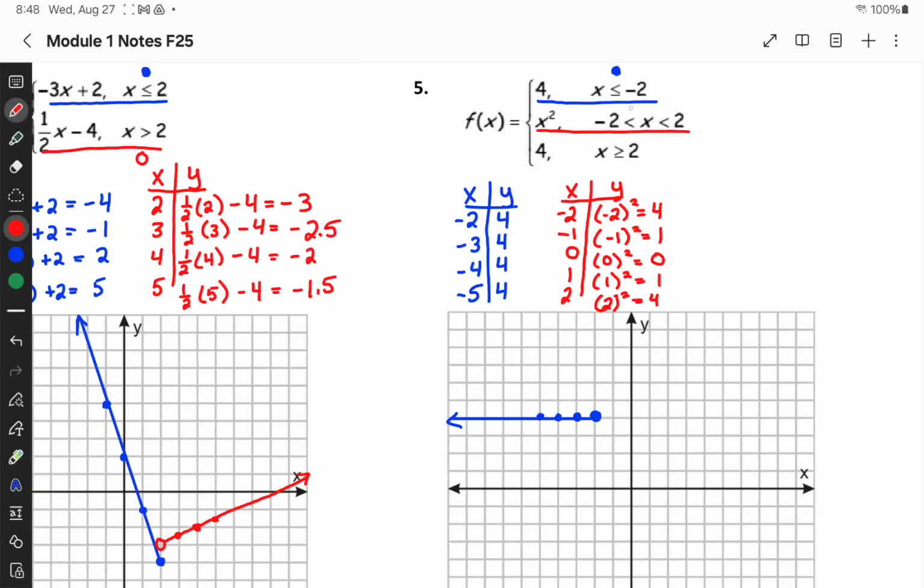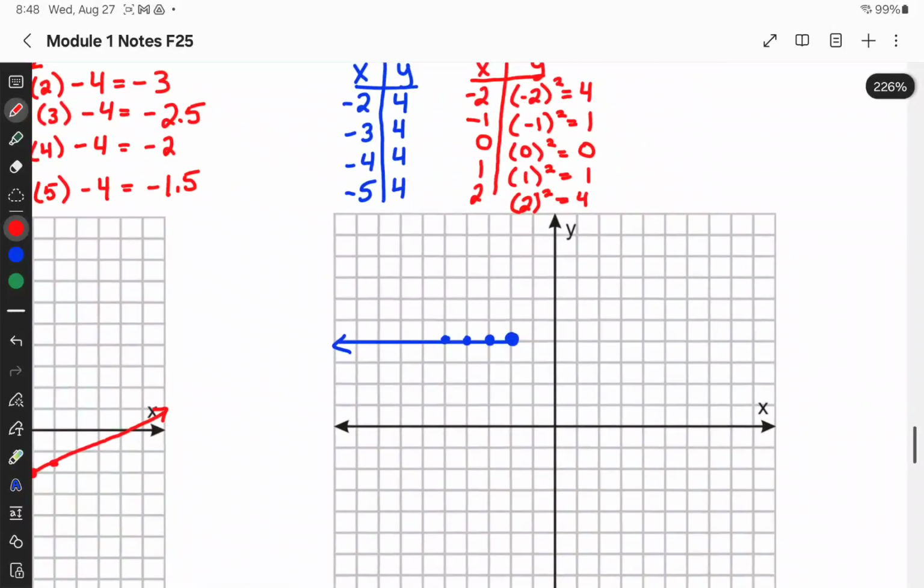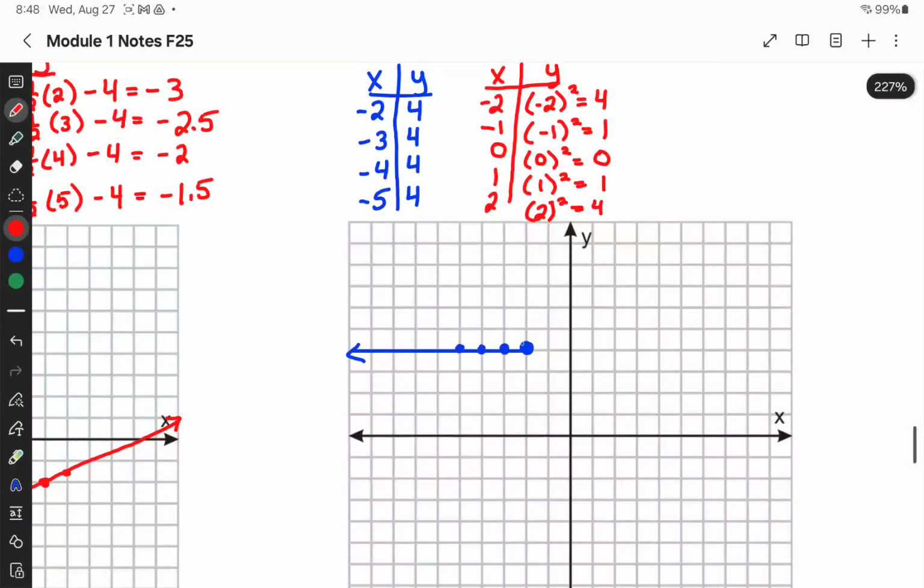Now for this section, since it's a less than sign for both of my two parts of my interval, I'm going to be using open points at the beginning and end of this piece of my graph. So what that means is my first point, which is at -2, 4, I'm going to put an open point there. And it actually just so happens there's a closed point.